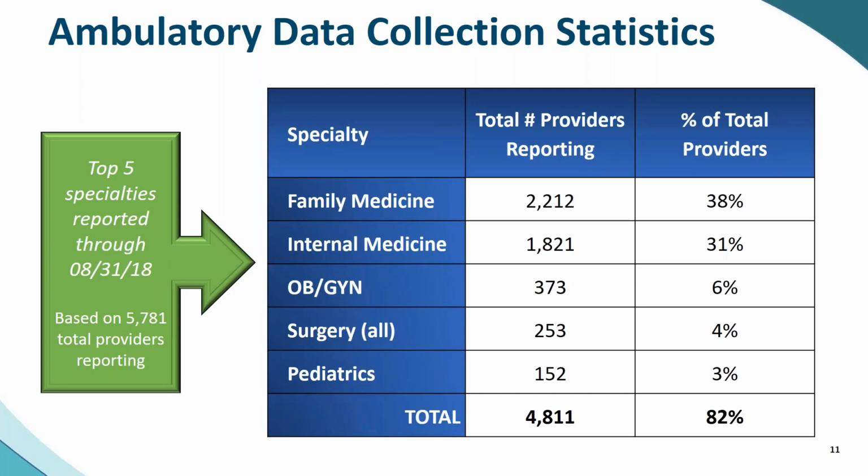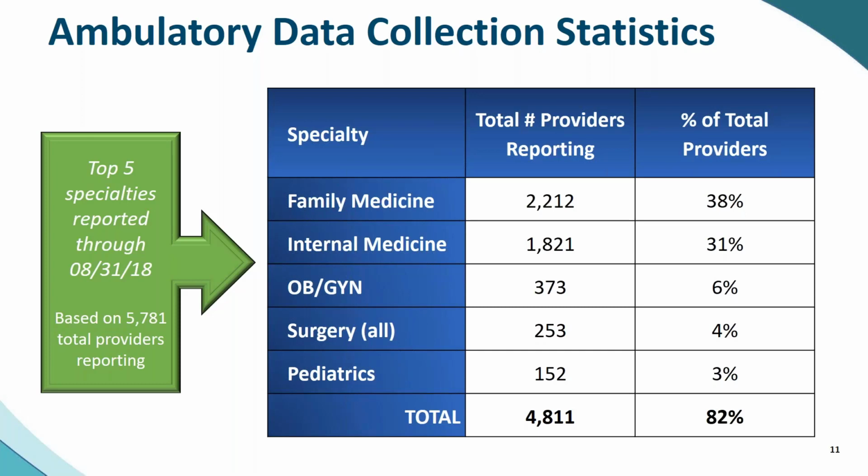Another thing with the ambulatory data that we looked at, besides the number of providers and what counties they came from, is the specialties and where we were pulling the data from.